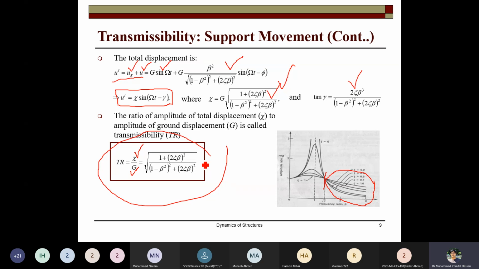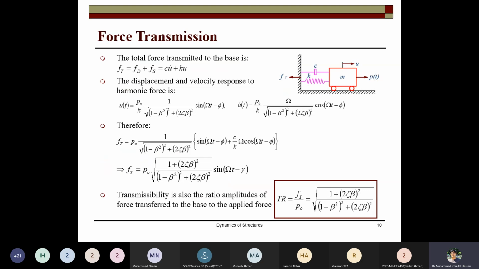And whether it is a ground motion transmissibility or a transmissibility of the force, interestingly the same formula is there. अब ये force की transmissibility है, that you applied some force to the system and you want to see कि कितनी force support पे shift हुई है.